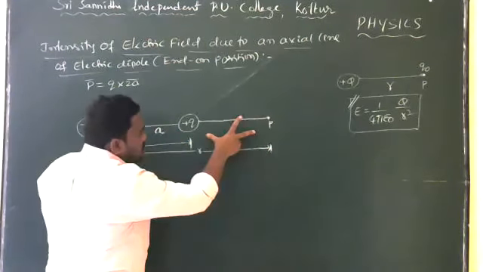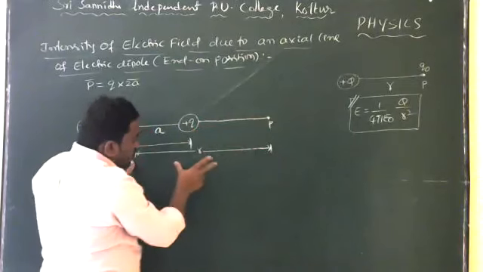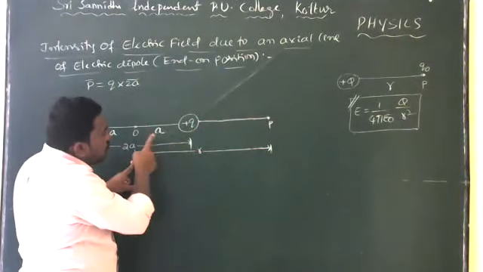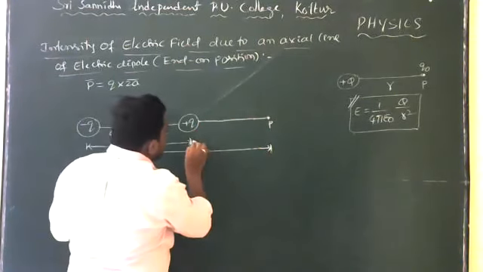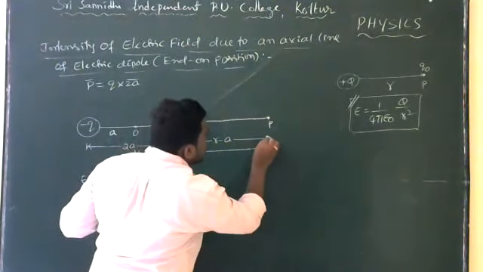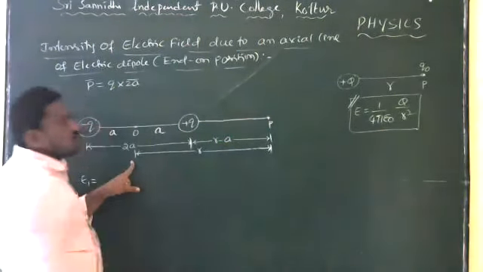Now calculate the distance between plus Q and P. This distance minus this distance, that means r minus a. So the distance between plus Q and P is r minus a.